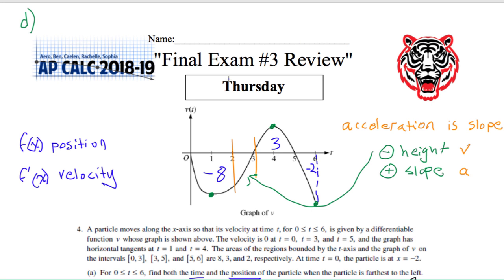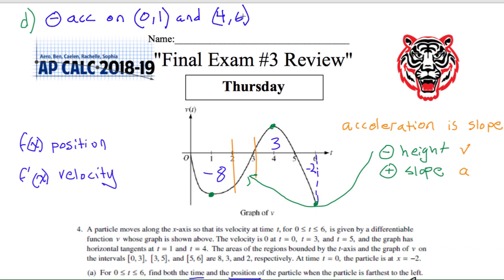How do you know it's 1? It says 1 right there: horizontal tangents at t equals 1. Oh, okay. So negative acceleration on 0 to 1 and from 4 to 6.